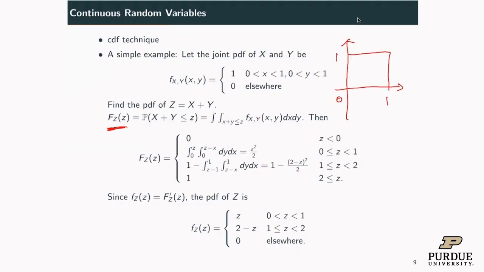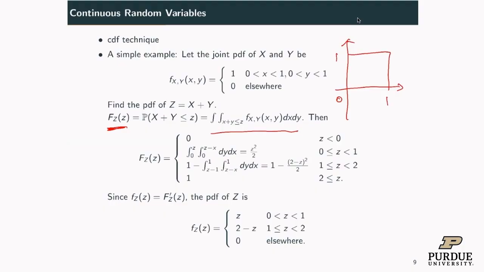X and Y are uniform. Now this is asking what's the probability X plus Y less than or equal to z. So this is equal to the double integration over this region. But be careful, this PDF is 1 only over this support.